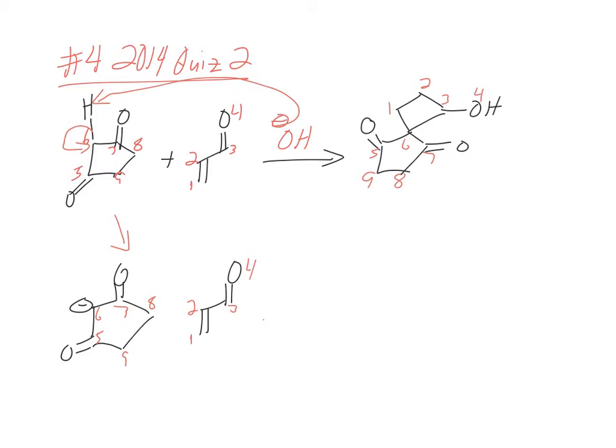So what bond do we need to make here? We know we need to make a bond between which 2 carbons? 6 and 1, right? So let's do that. 6 is a good nucleophile. 1 could be a good electrophile, in the beta position. So let's attack there. I'll draw it all the way up this time, making a different enolate.